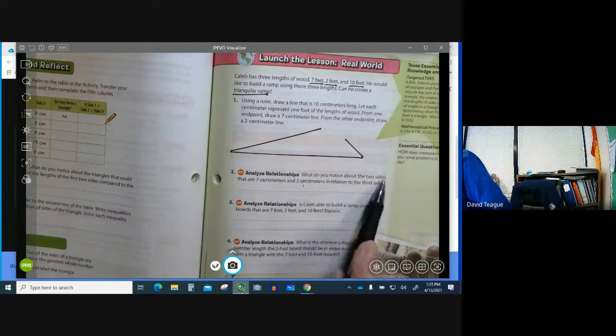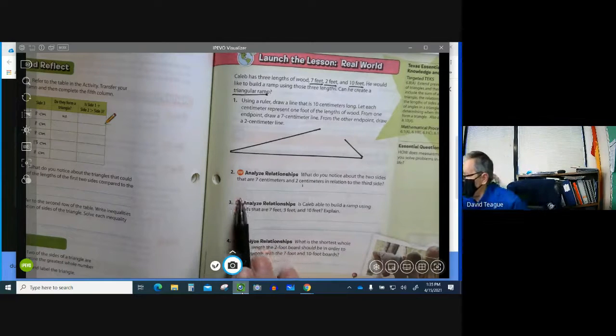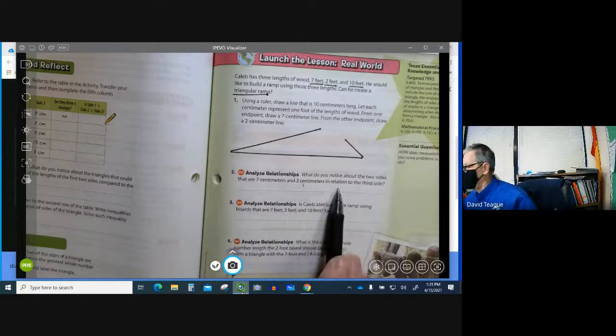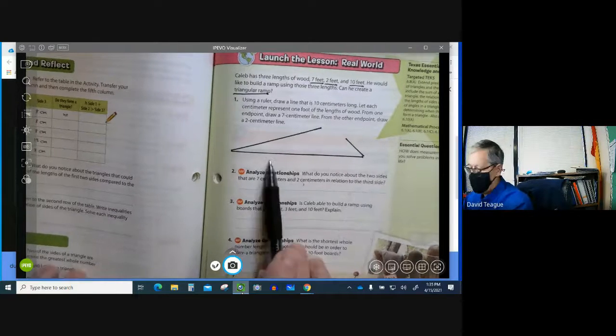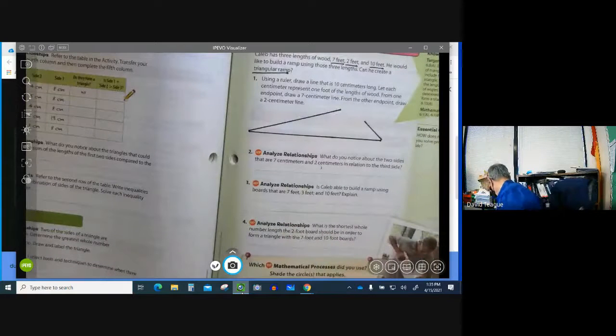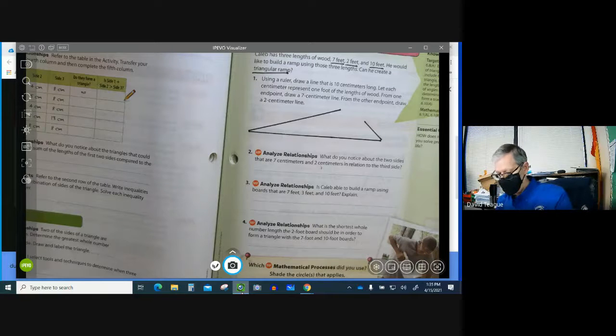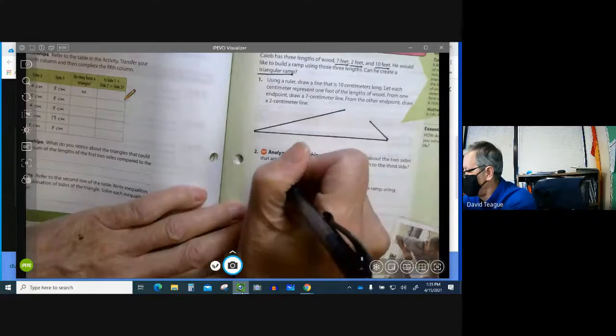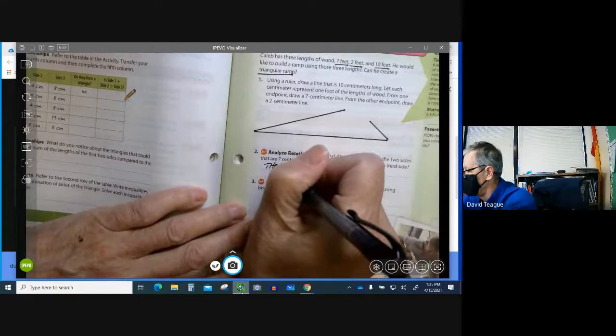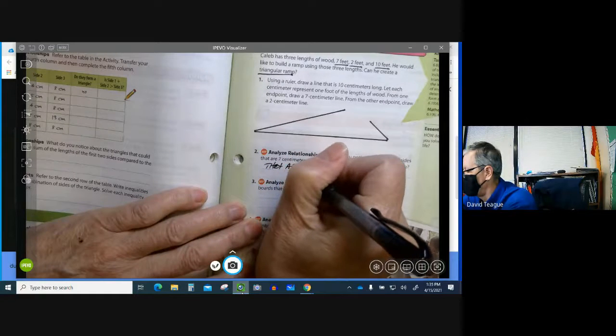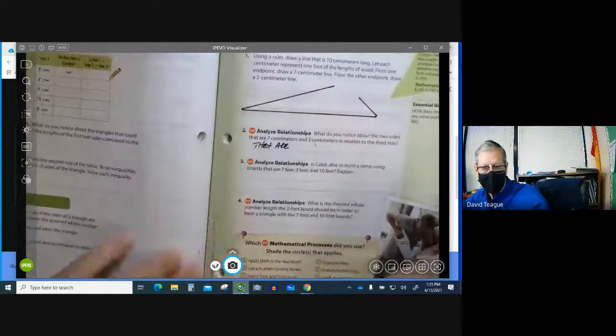It says, what do you notice about the 2 sides that are 7 centimeters and 2 centimeters in relation to the third side? They don't meet. You don't make a triangle. They are not long enough. I need to zoom in.